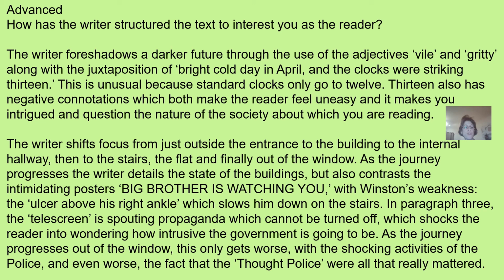In paragraph 3, the telescreen is spouting propaganda which cannot be turned off, which leads the reader into wondering how intrusive the government is going to be. As the journey progresses out of the window, this only gets worse, with the shocking thought of the police snooping in their helicopters, and even worse, the fact that the thought police were all that really mattered.